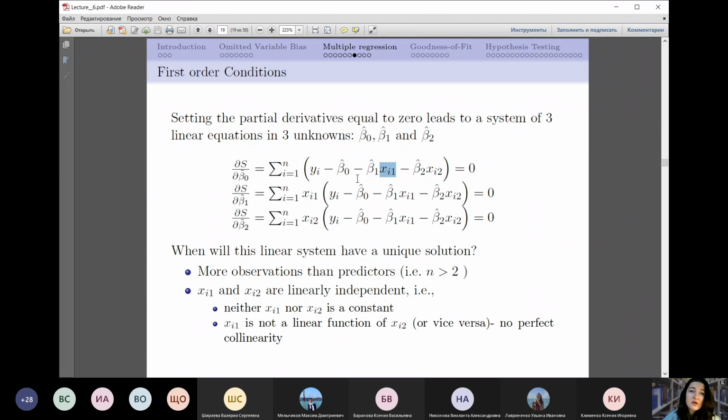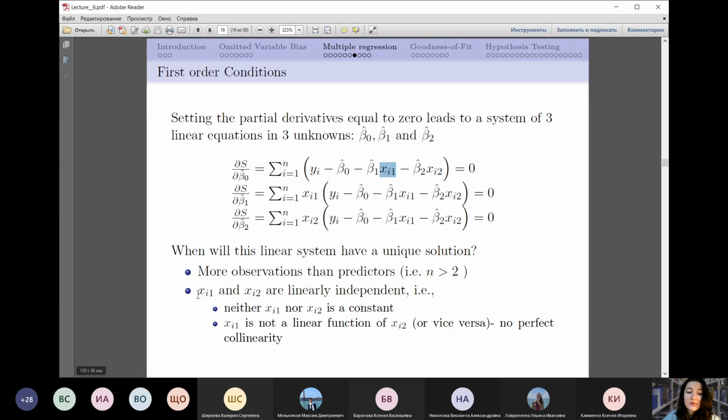We discussed this. And the second assumption is that two independent variables should not be perfectly linearly correlated with each other.